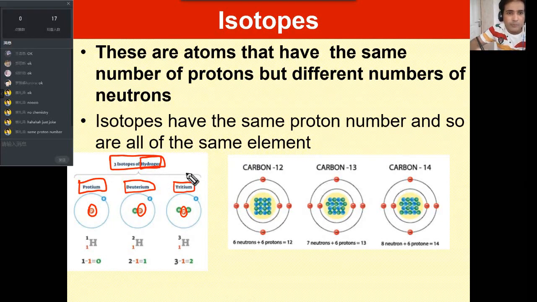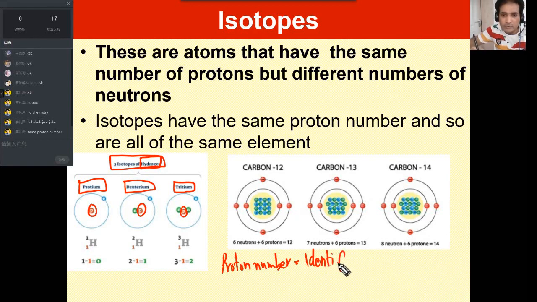You need to be very clear that proton number, or atomic number, is the identification of any element. If the proton number changes, the element will change.